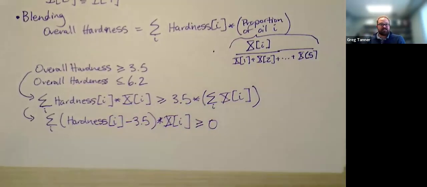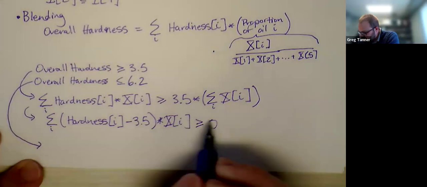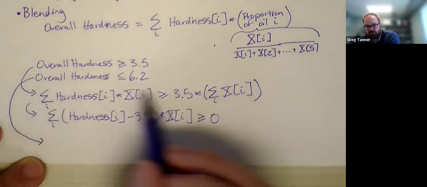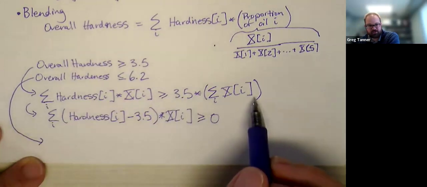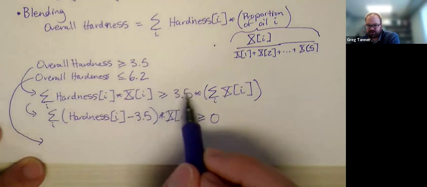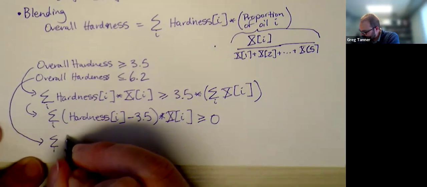Okay. A similar thing's going to happen for the upper bound. So maybe I'll bring that over here. I'm going to write it in this format because I think it looks nice and compact, though OMPR would perfectly accept it if you wrote out something that looks like this, where you swap this to be a less than or equal to and change this to be a 6.2. And so that'd be the sum over i.